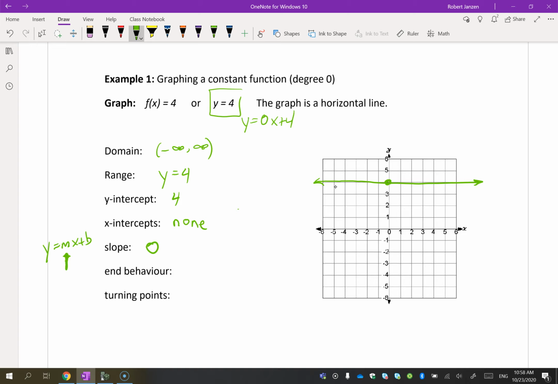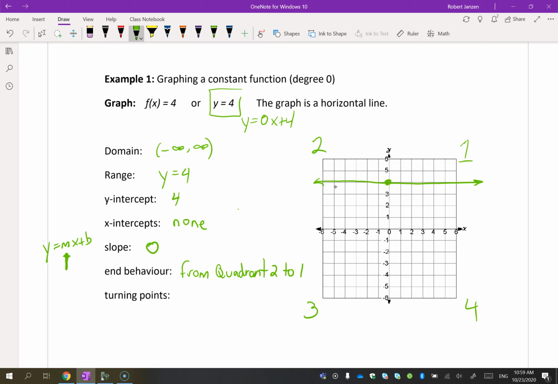And the end behavior. There's a couple of ways you can answer this. We can say it's moving from quadrant 2 to quadrant 1. If you remember the quadrants, this is quadrant 1, this is 2, this is 3, this is 4.